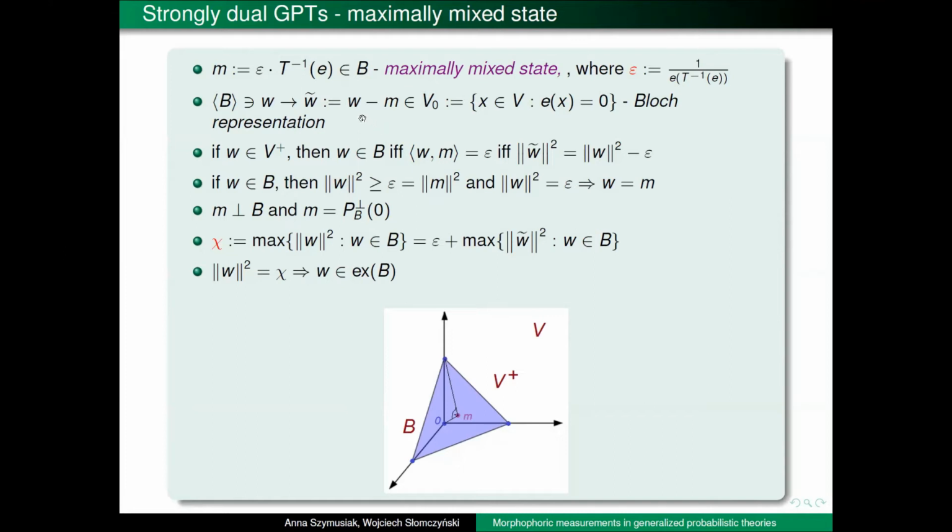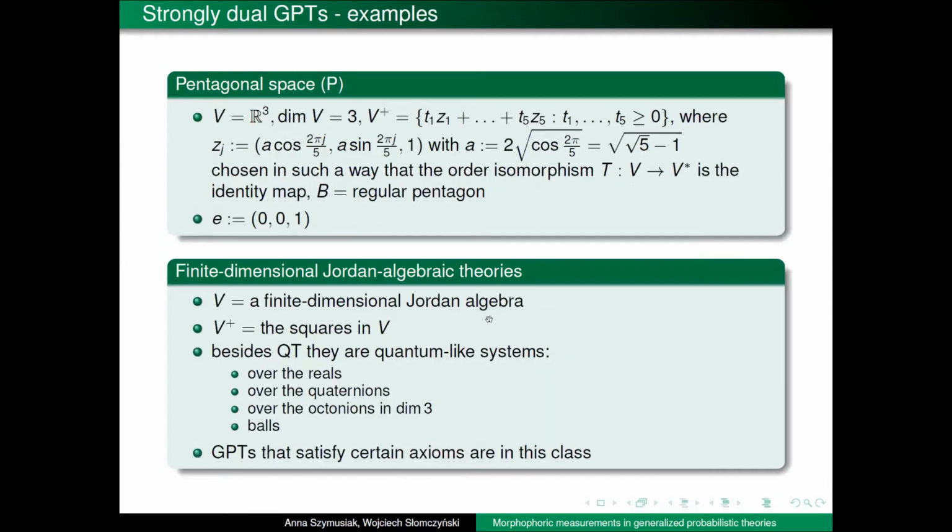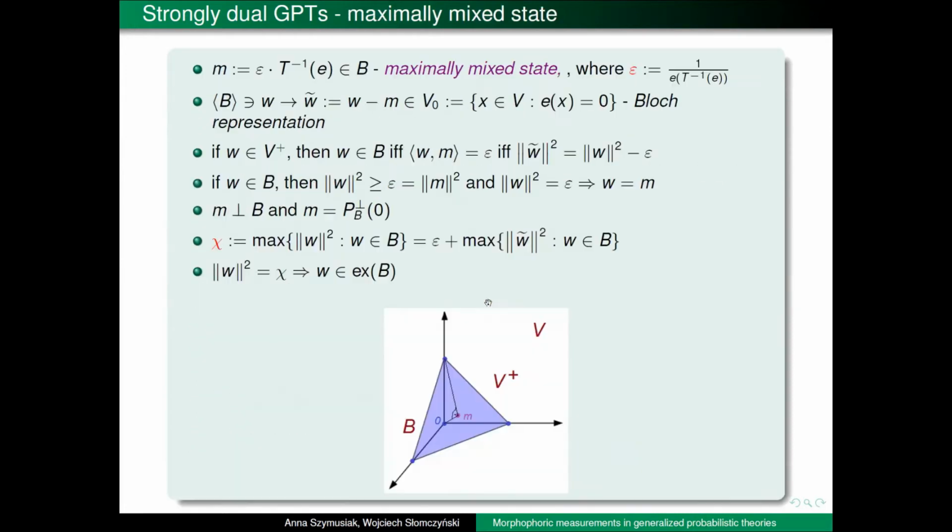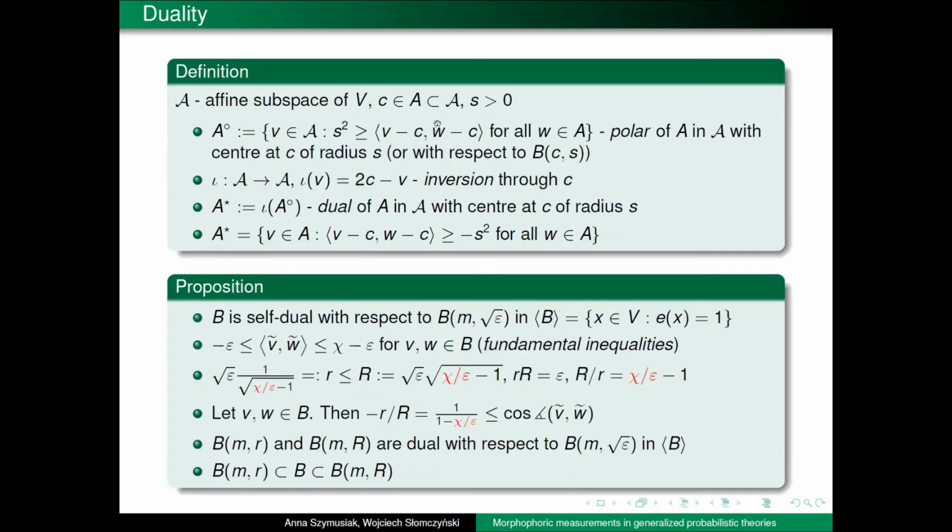It is just w minus this maximally mixed state, and they are elements not of an affine space as states, but elements of a vector space V0, and the dimension of the space is the dimension of the space V minus 1.